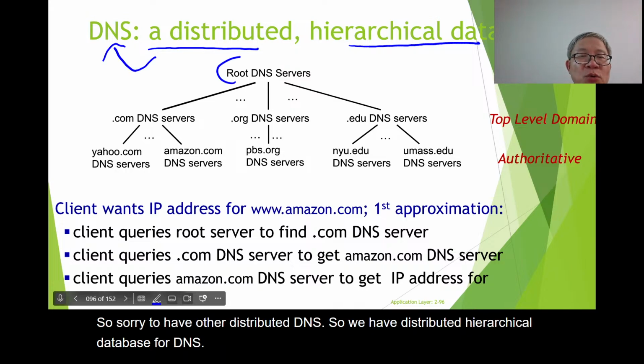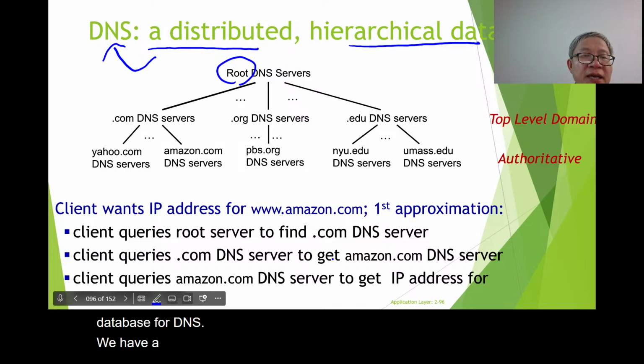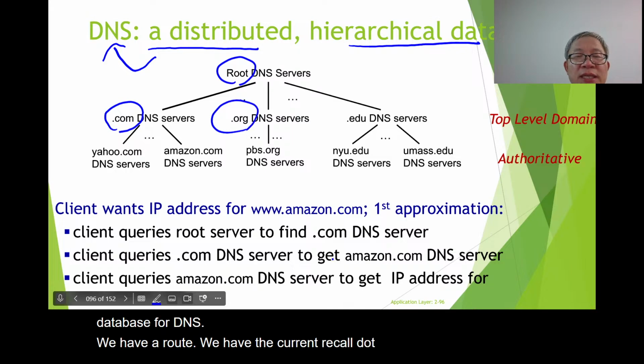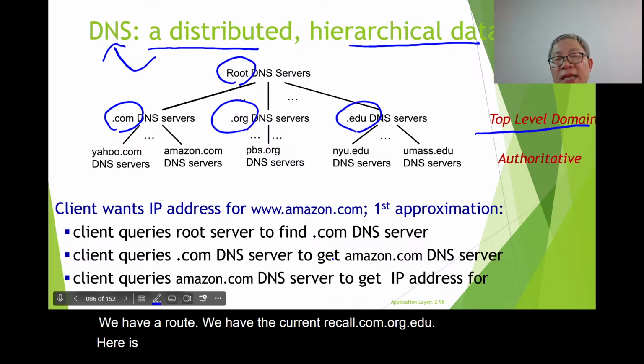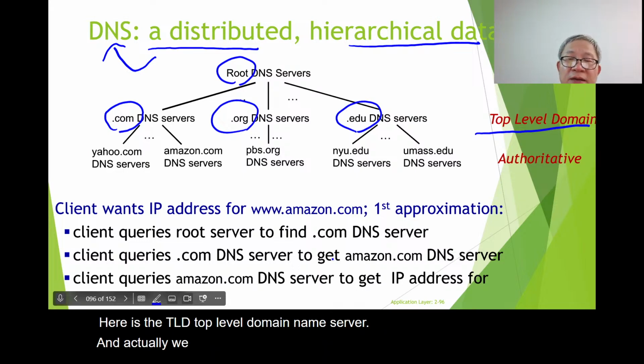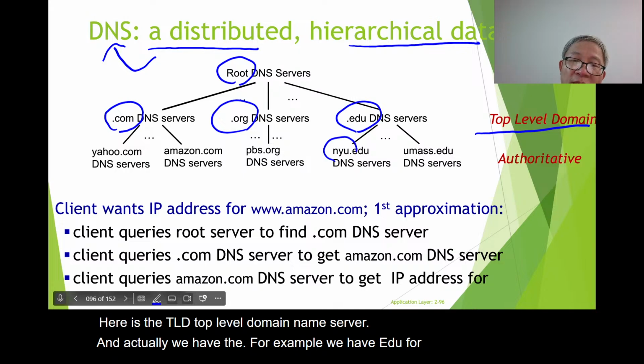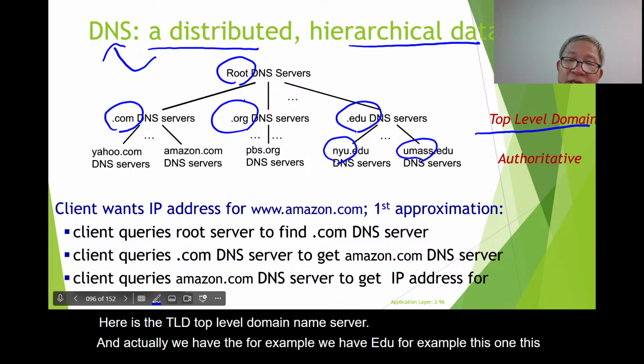Well, we have a root. Then we have what we currently call .com, .org, .edu. Here is the TLD, top level domain name server. For edu, for example, we have this university and this university.